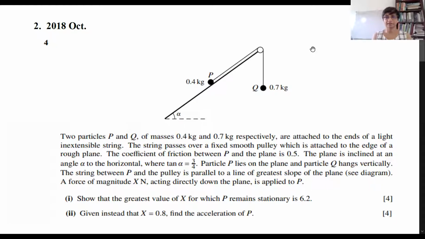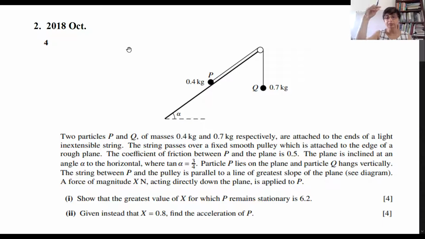Give me a moment till I set this up. Right, so we did part 1, right? Part 1 only. We found the greatest value. Okay, so what's happening here now? There are two particles connected through a string, an inextensible string.